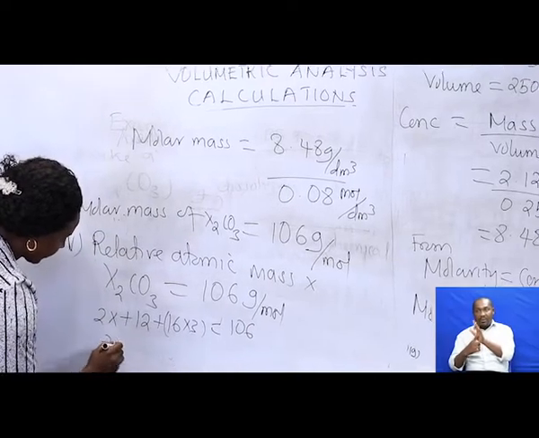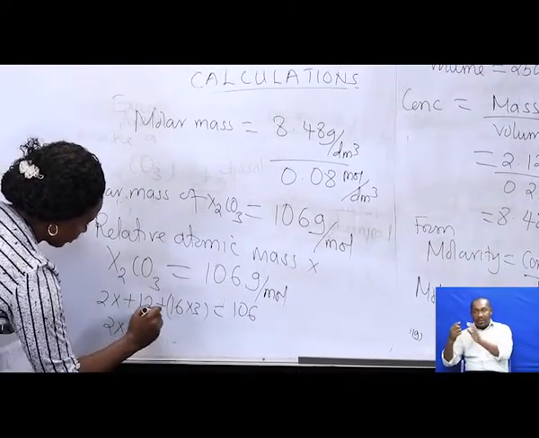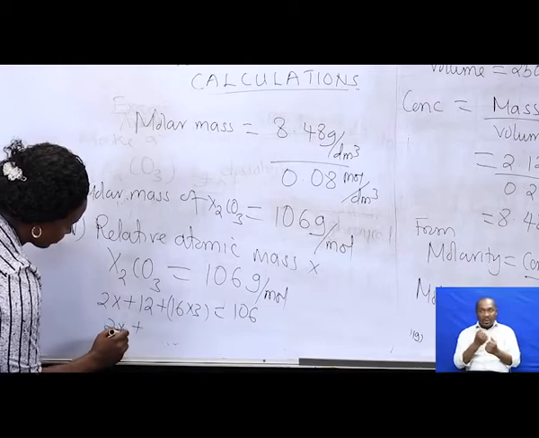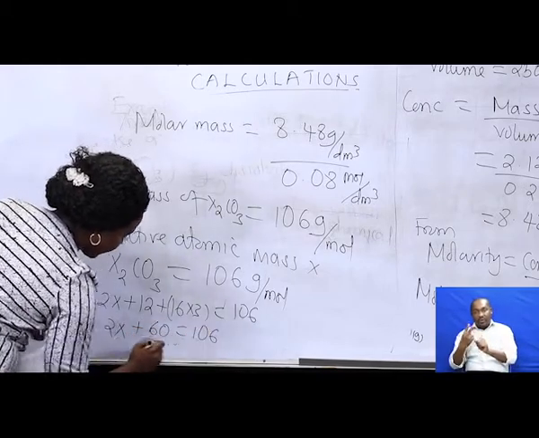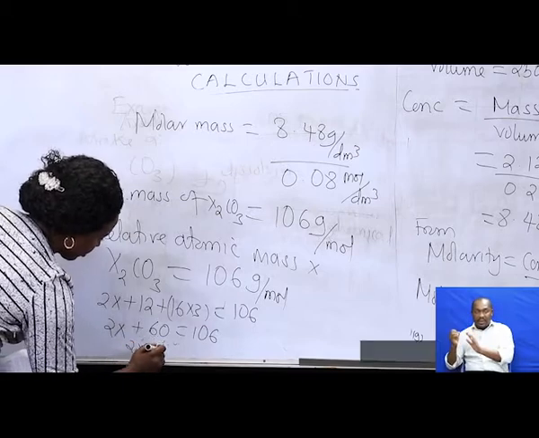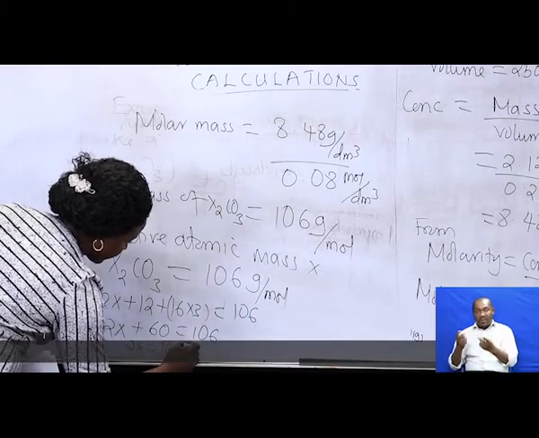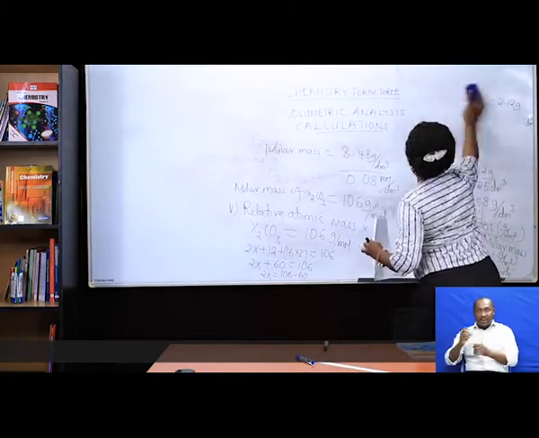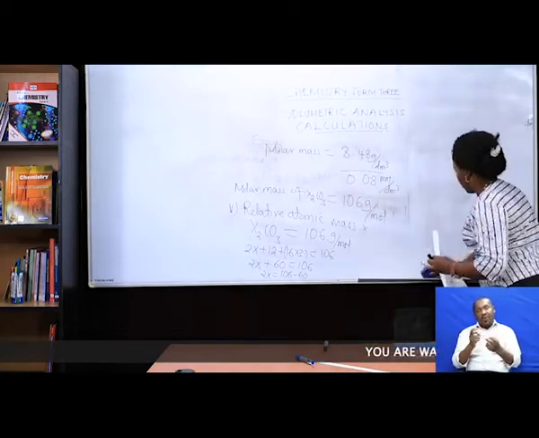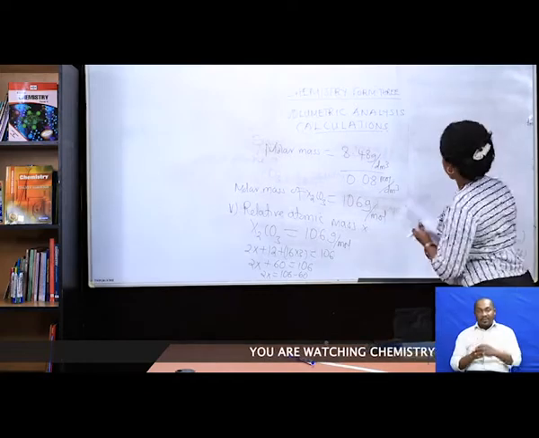If you go through it well, 48 plus 12 makes 60. You get 106. Then 2x will be equal to 106 minus 60. So 2x is equal to 46.